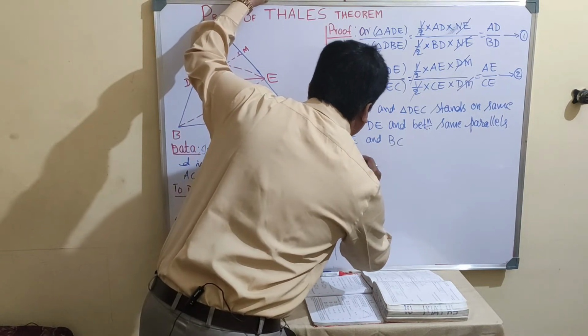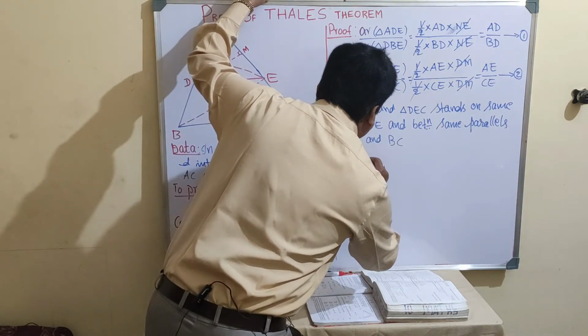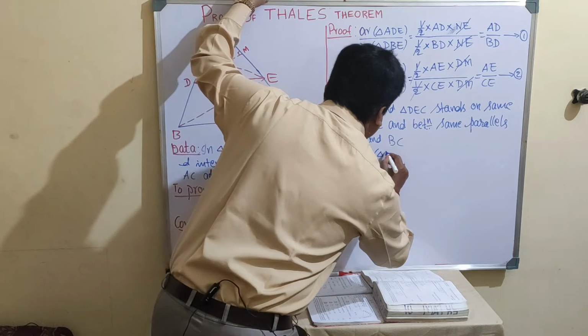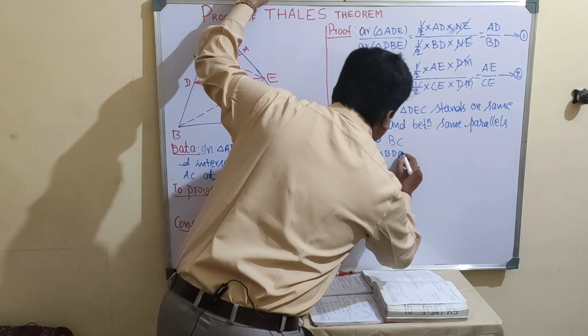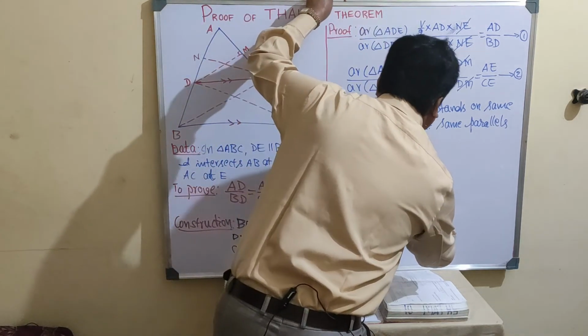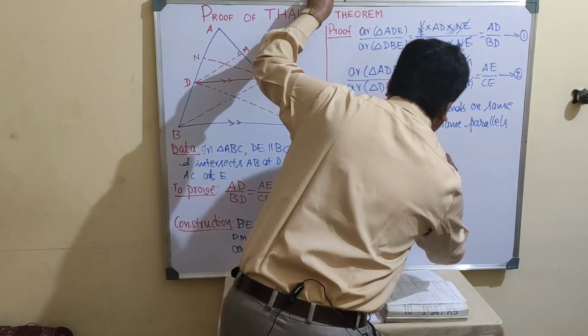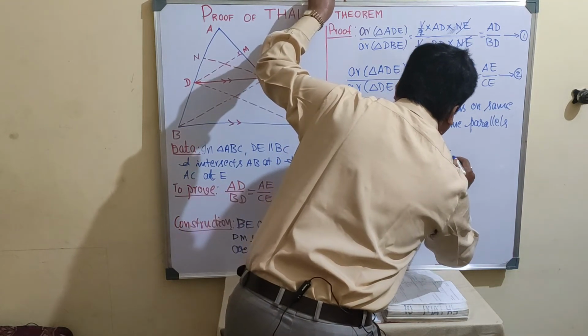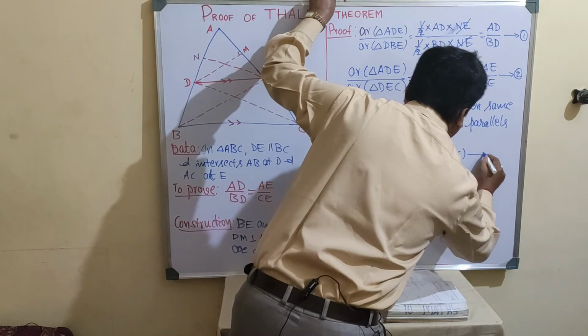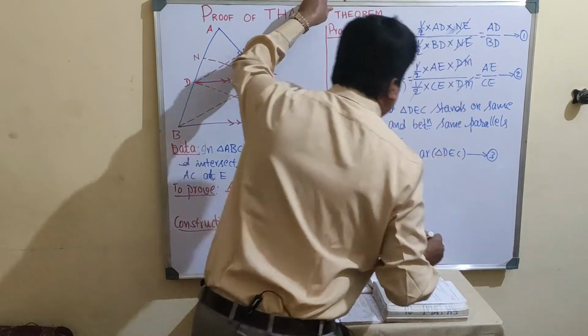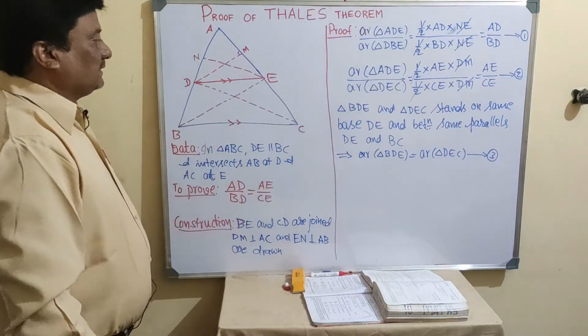So that implies area of triangle BDE is equal to area of triangle DEC. Let's call it equation 3.